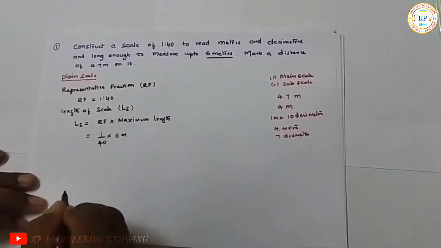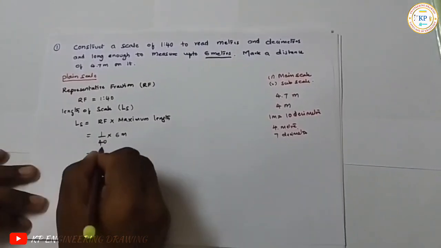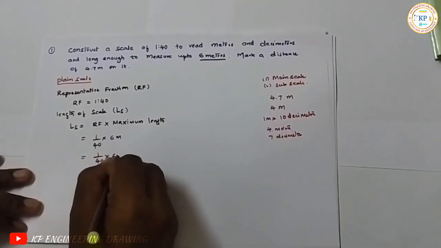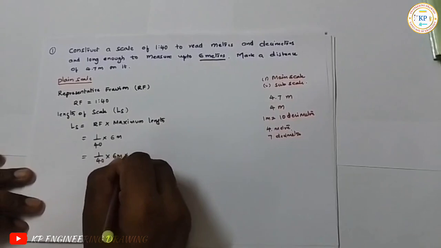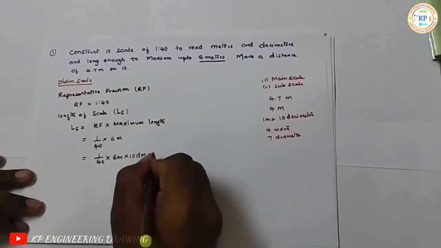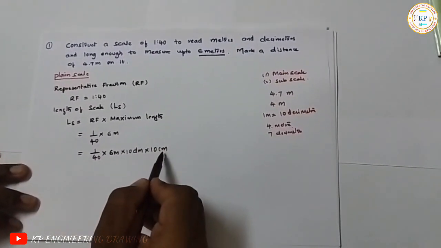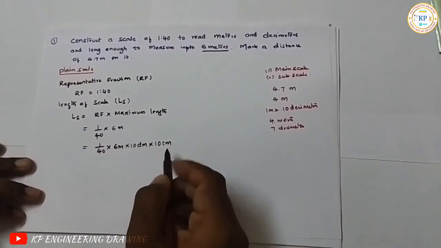So you convert these meters into centimeters. So you go on convert it, that is 1/40 into 6 meters. 1 meter is equal to 10 decimeters, 1 decimeter is equal to 10 centimeters. So we have converted meters into centimeters. 6 meters, 10 decimeters, 10 centimeters.